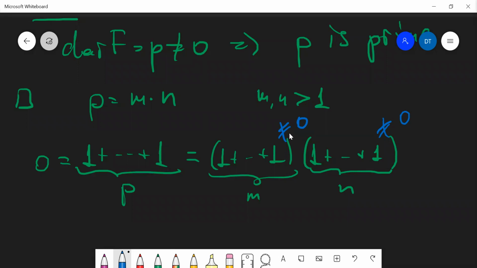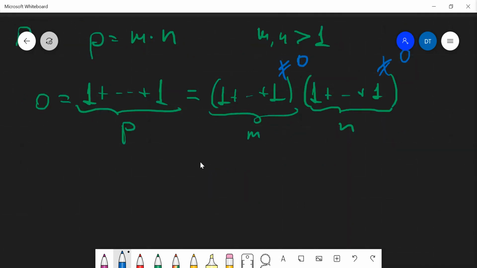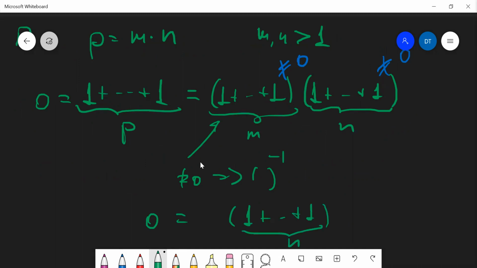But now this is a non-zero element of a field, so you may multiply this equality by the inverse element. Since this one is not equal to 0, there exists an inverse element. After multiplying by the inverse element, you will get 0 equal to the other element, which is the sum of n elements. And this is a contradiction, it contradicts these inequalities.